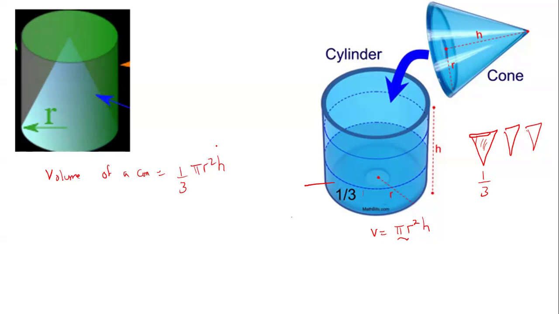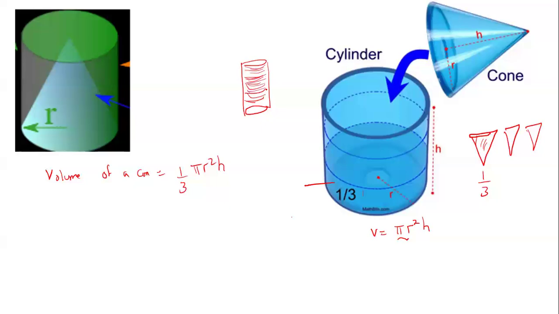Now, I want to bring to your attention that for a cylinder, they can as well ask you to find the lateral area. Lateral area means that when you look at our cylinder here, this part that is curved is what we call the lateral surface area.